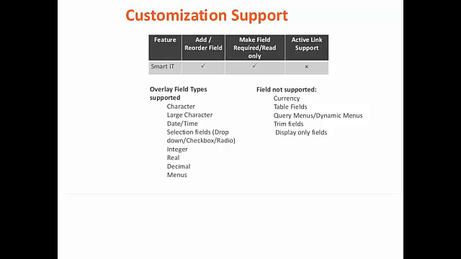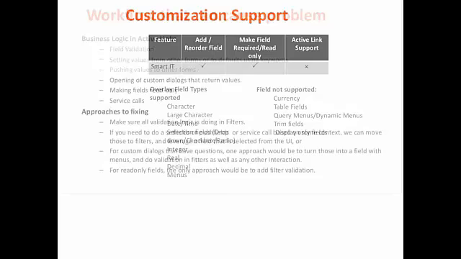For example, the product categorization screens within Smart IT and ITSM, where you have tier 1, 2, and 3, and each of those are building on top of each other to fill out the 3 tiers. That type of dynamic menu is not supported. We also don't support UI-related things like trim fields, buttons, etc. So those types of capabilities are not currently supported on the Smart IT side.